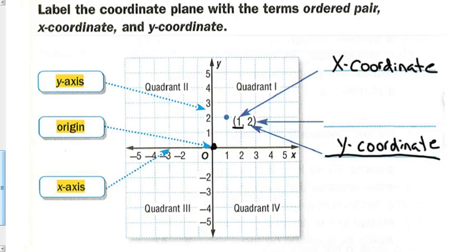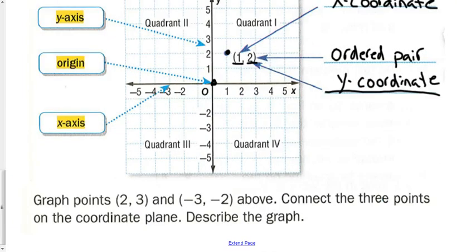That tells us how far up or down we should go after we've already gone left or right. So since we have positive 2 for our y coordinate, from our x coordinate, which we said was 1, we go up 1, 2 spaces till we get to that point right there. So our directions are done. And as we said before, those directions altogether are called the ordered pair.